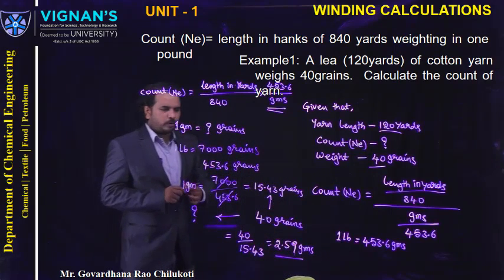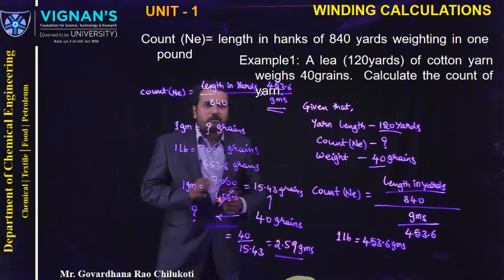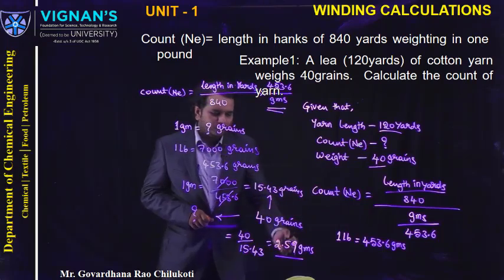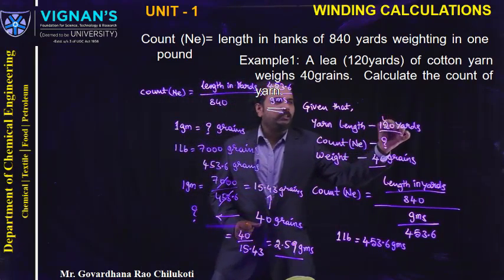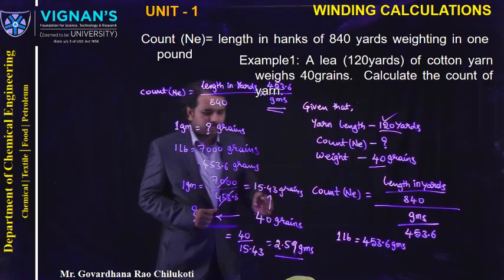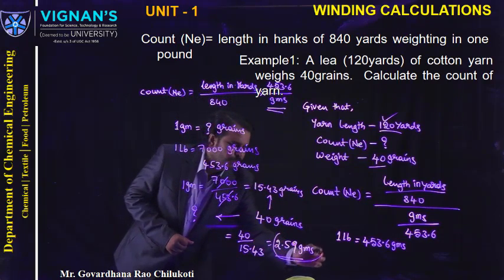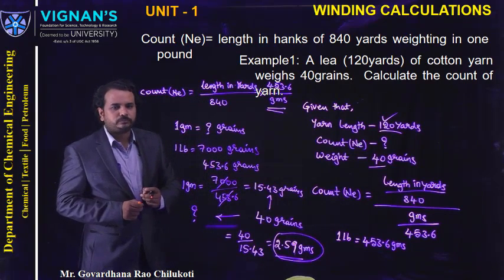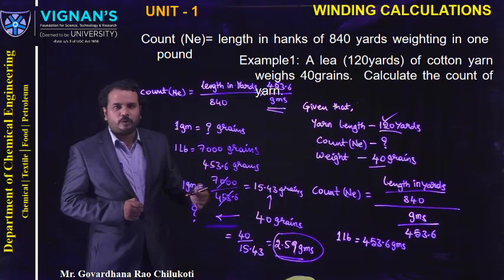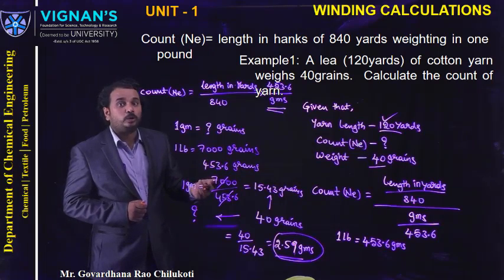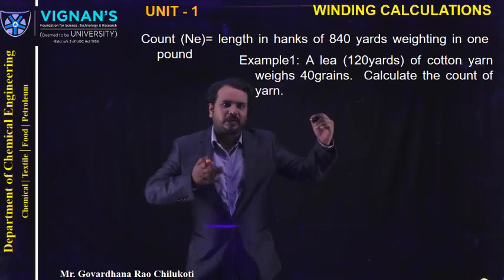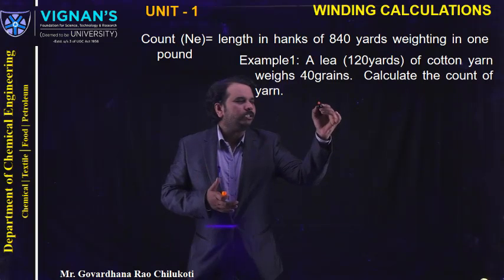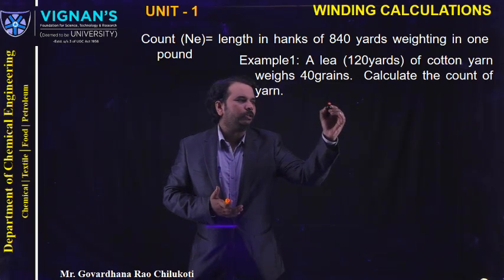Now we have converted grains into grams. We know that the yarn length is 120 yards and the weight is 2.59 grams. So we will calculate the count after converting the grains into grams.